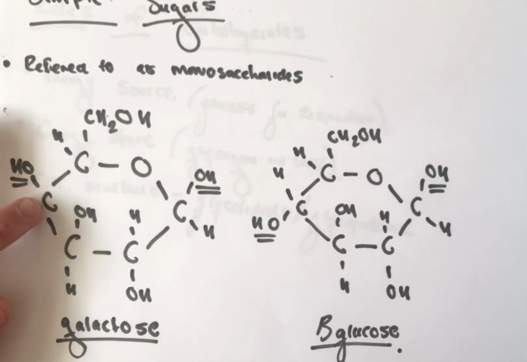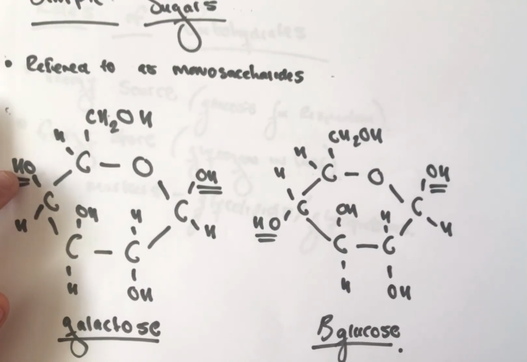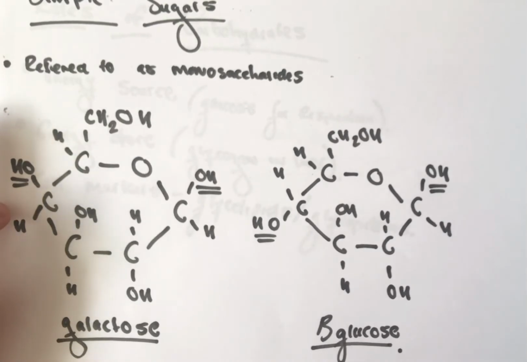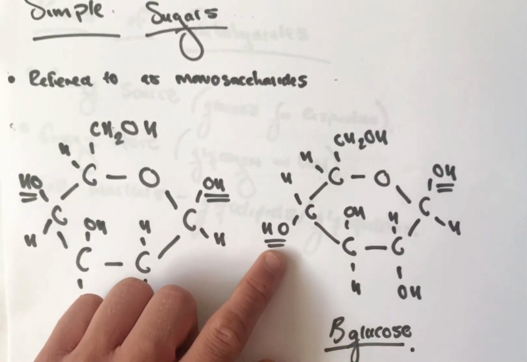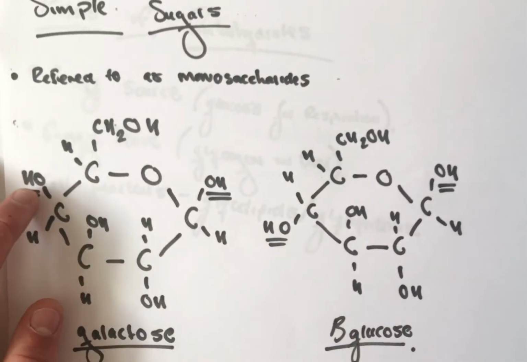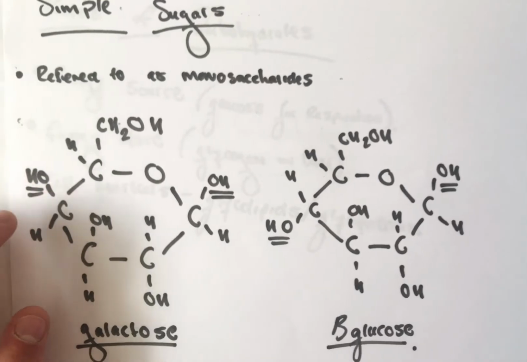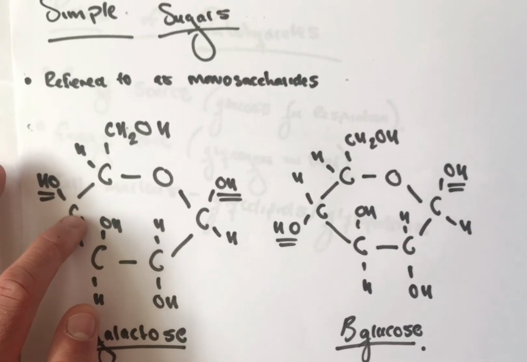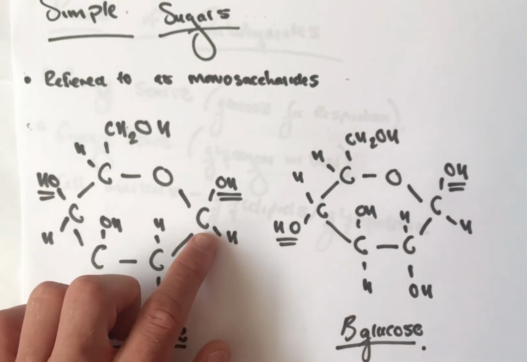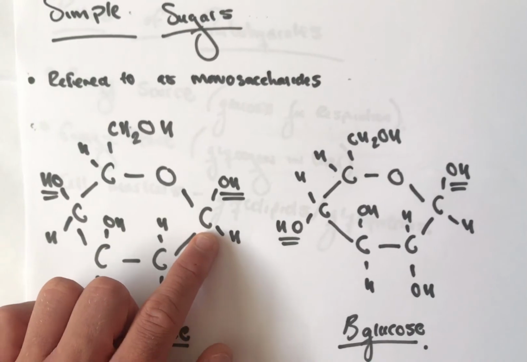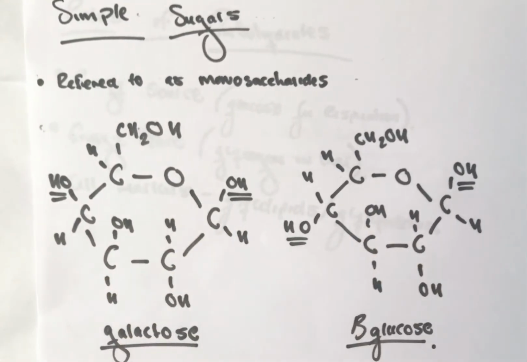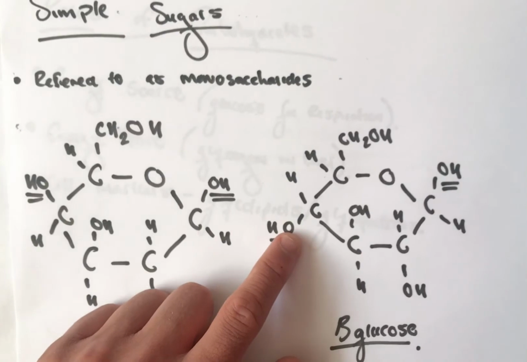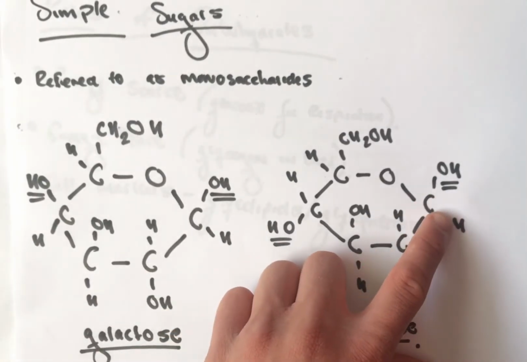If you look at carbon number 1, the OH, the hydroxyl group, switches places. In beta-glucose, the hydroxyl group is below on carbon number 1, whereas in galactose, it's above. In galactose it's also above on carbon number 4. Then, in beta-glucose, it's below on carbon number 1 and above on carbon number 4.